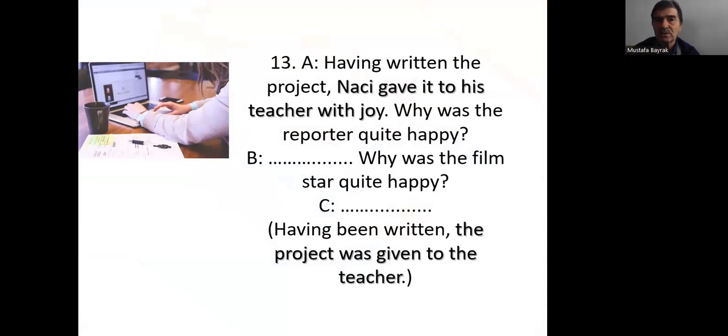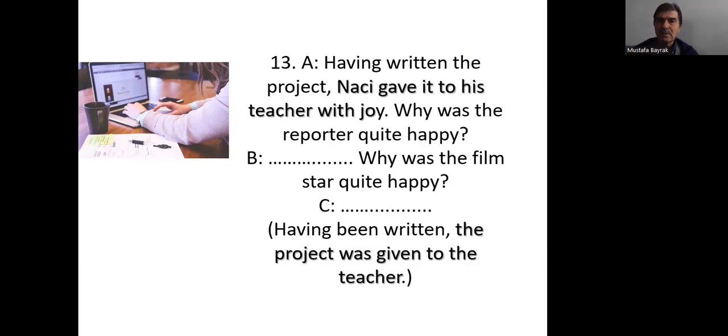Why was the reporter quiet? Why was the reporter quiet? Having written the report, yes, having written the report, the reporter was quite happy. Why was the film star quite happy?